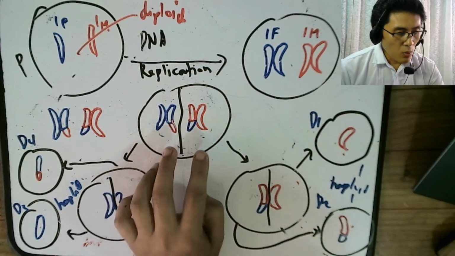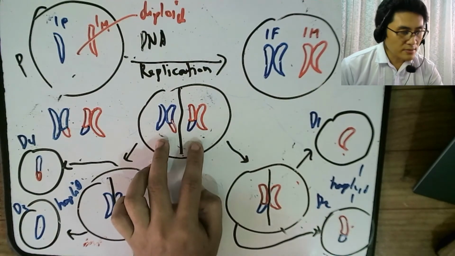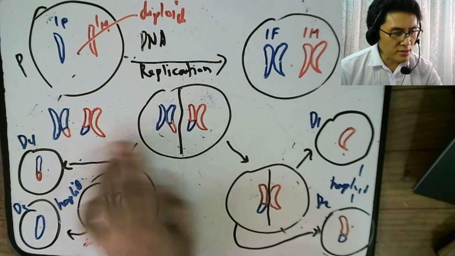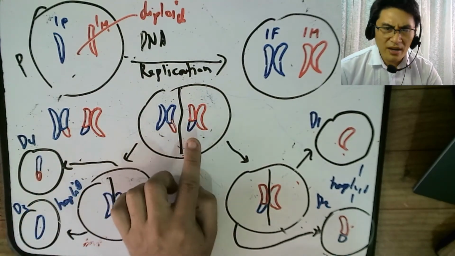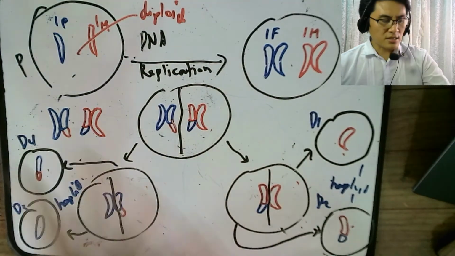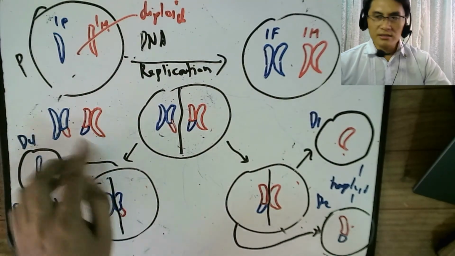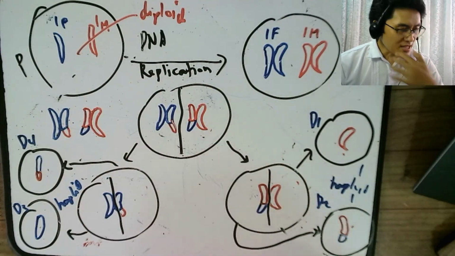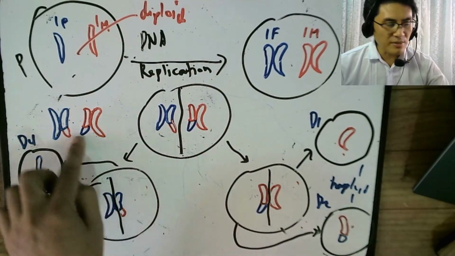Also take note that when these cells interchange materials, here I'm just simplifying it. In this case, they are interchanging the tips, but in the next batches of meiosis, it might not be the tips that they exchange. It might be some other pages.